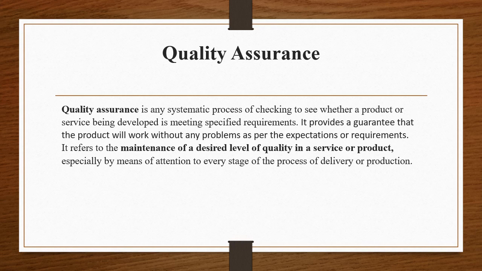But that is done through what we call quality assurance, making sure that there's a maintenance of a desired level of quality in service or product, and this is done by means of paying attention to every stage or process of production.